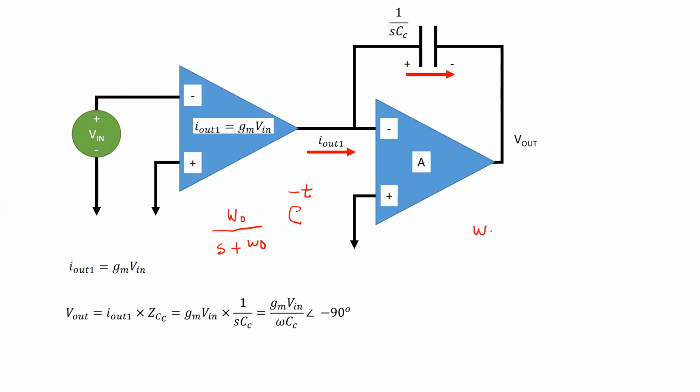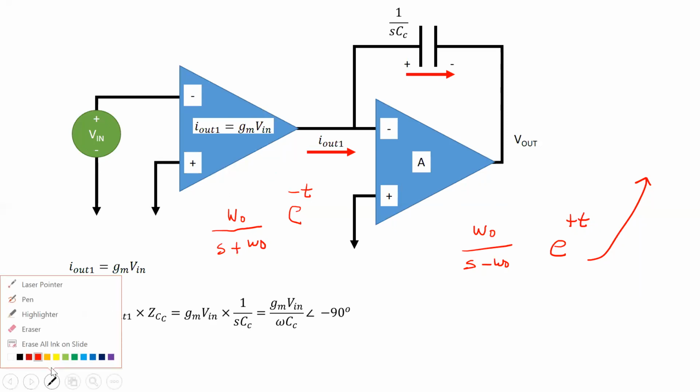But if I have the opposite sign, which can happen if I don't have that capacitor there, I will get e to the plus t, which is exponential increase. So it just won't work. All right. So that's what I mean by you need this stabilizing capacitor. Without that, the op-amp would be too hard to use.